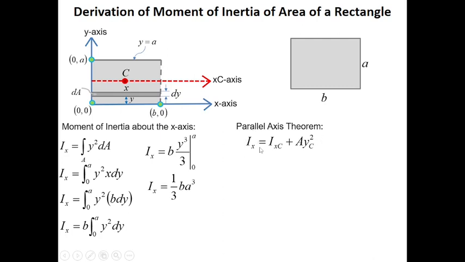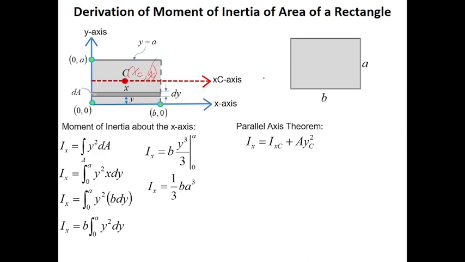So, the moment of inertia about the x-axis is equal to the moment of inertia about the xc-axis, plus the area of this region multiplied by the square of yc, the square of the y-coordinate of c. Kasi ang c na yan, may dalawang coordinate siya, xc, yc. So, yung yc ang ating concern.